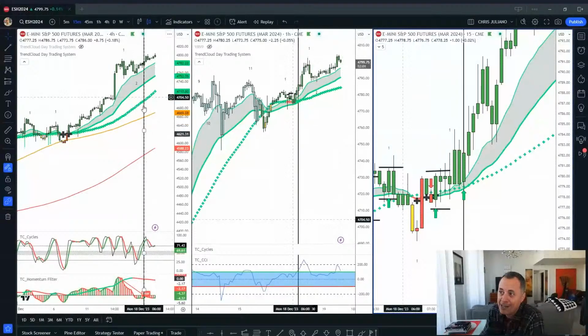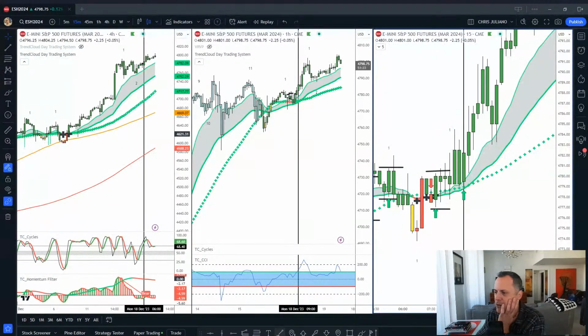So the high time frame is cycling or impulsing up, and you always want to be in an impulse phase on your high time frame. I want to repeat that. You always want to be in an impulse phase on your high time frame when you're taking these signals. Why is that? What is an impulse phase?